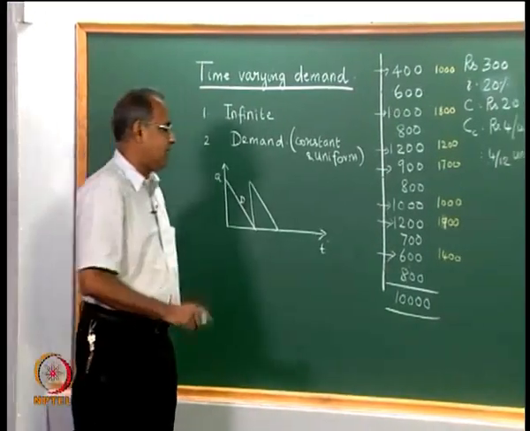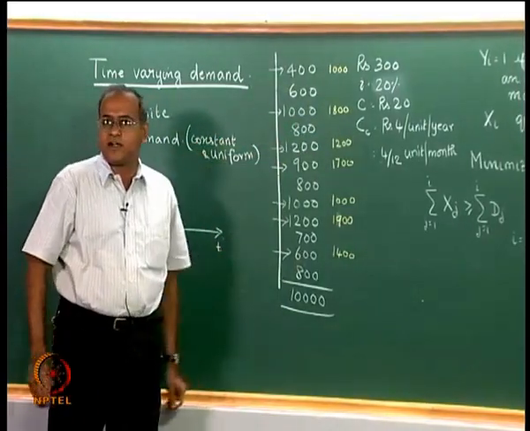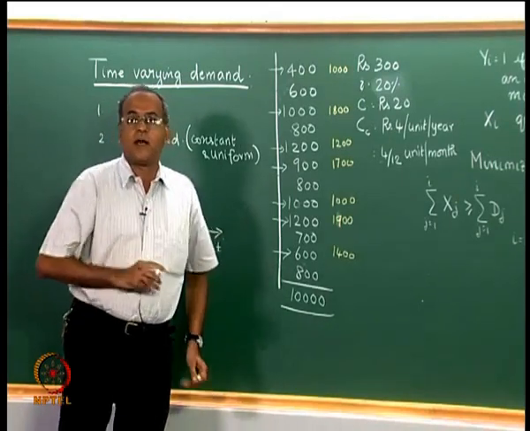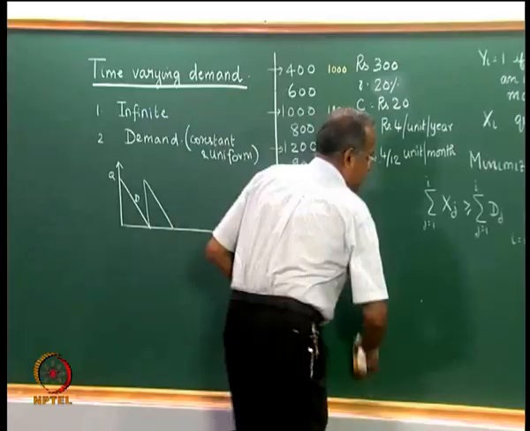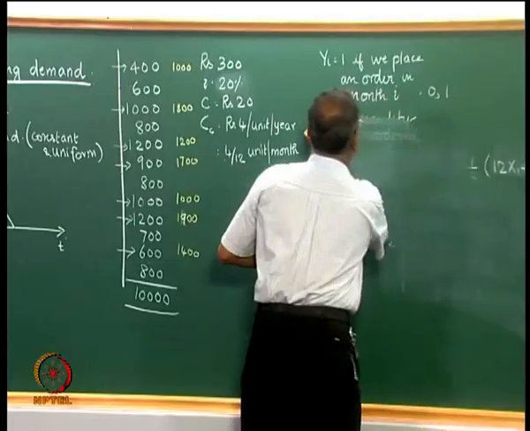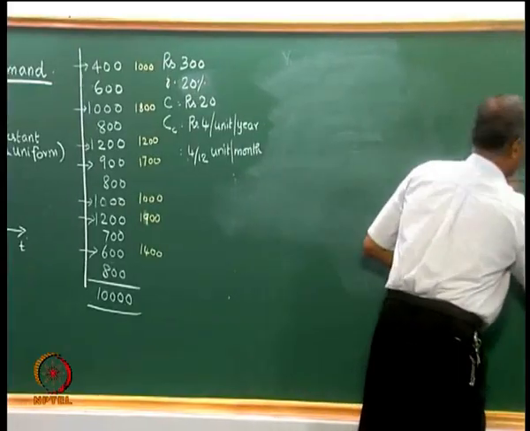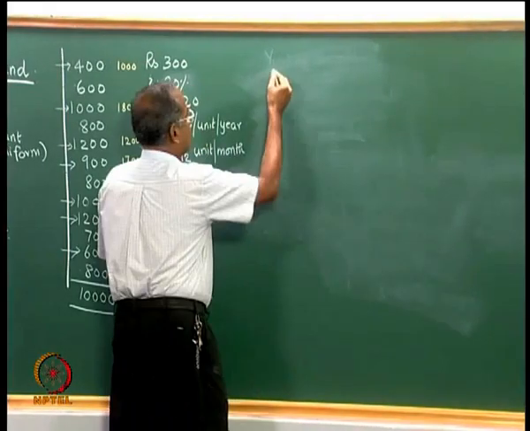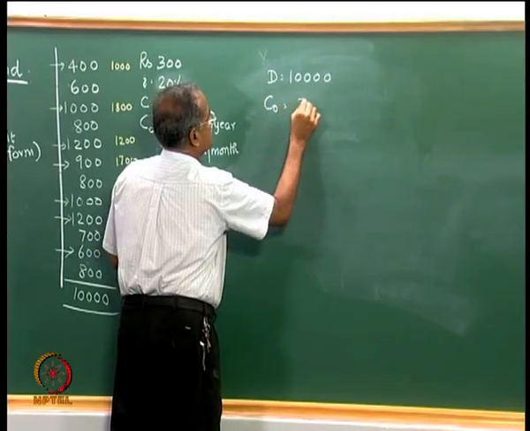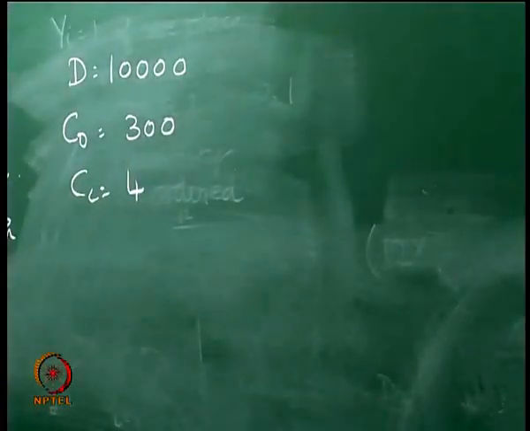Now just in case we take this 10,000 as the annual demand and use the economic order quantity formula to find the economic order quantity and the associated total cost, what happens? So we could write D equal to 10,000, C naught equal to 300, Cc equal to 4 per unit per year.